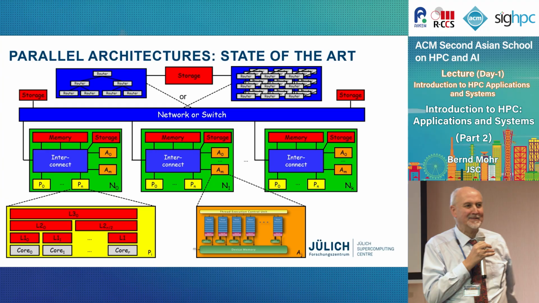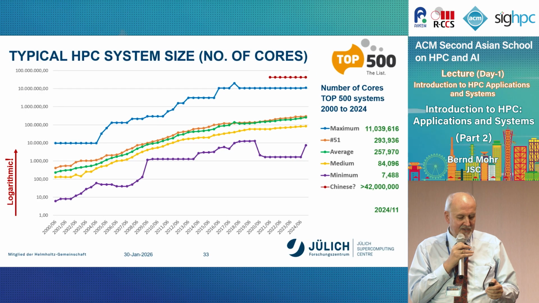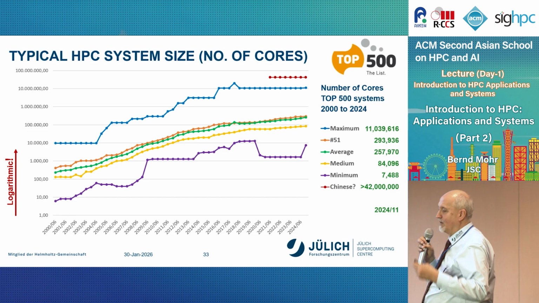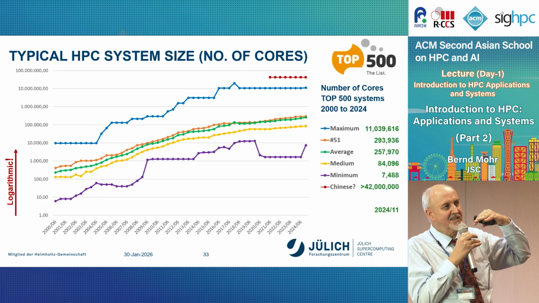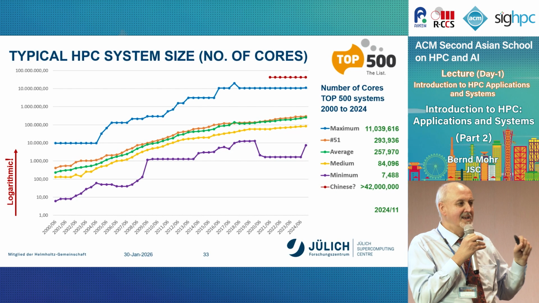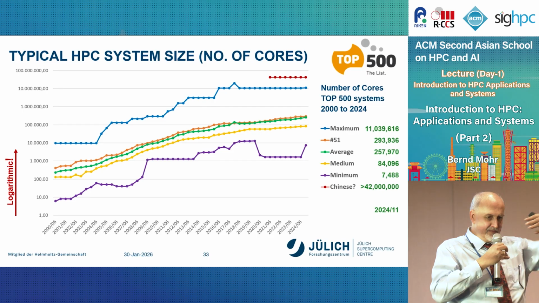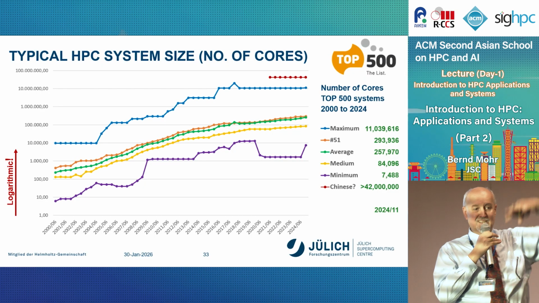I'm sorry. Okay. Yeah, and then you wonder basically how large the systems are. So here are some numbers. There's a list, because people in the centers like to brag about how fast their computer is. So you measure a specific program called High Performance Linpack. You get your number of floating point operations, and then you send it to someone and he makes a list.